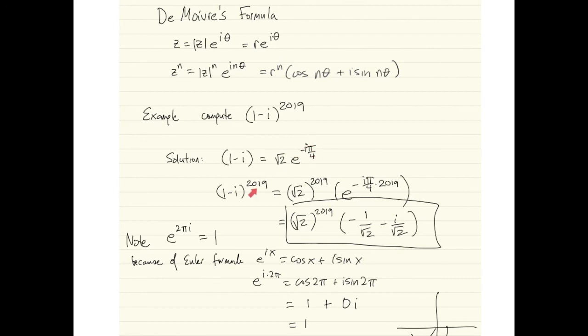And so just raise that to the 2019th power. That's essentially what we're doing here. Root 2 to the 2019th is some big number, and then e to the negative pi over 4 times 2019 is this. But what's key is that this number out here can be simplified, and I've done that below.